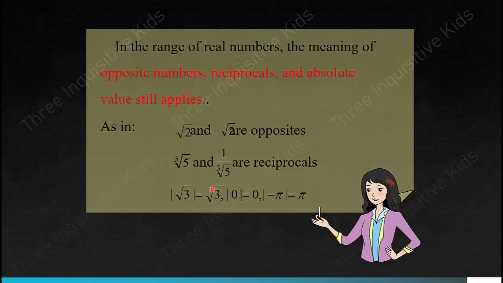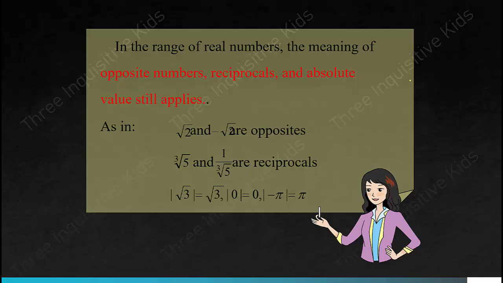The absolute value of 0 is still 0, and the absolute value of negative pi is still pi. So the definitions of opposite numbers, reciprocals, and absolute values still apply to all real numbers. Now, this is not something we will be learning in middle school, I don't believe, or at least not yet.